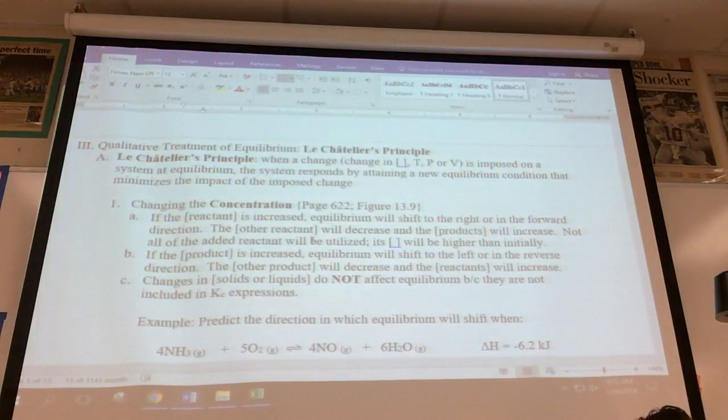Le Chatelier's principle says that when you change or stress a system that is at equilibrium, the system will react in such a way to at least partially undo the stress you have imposed. Those stresses or changes include changes in concentration, temperature, pressure, or volume.